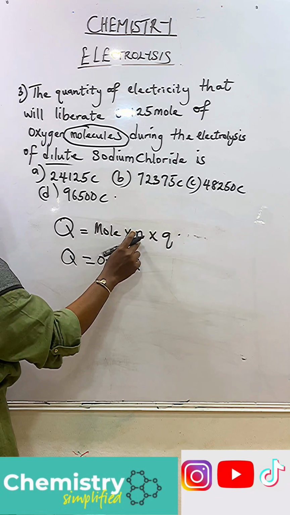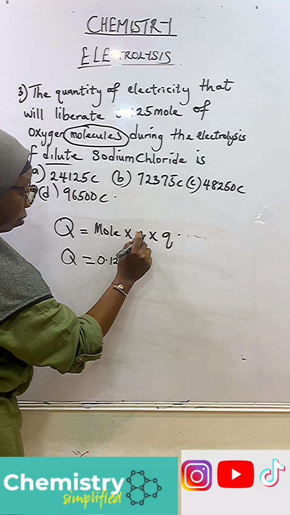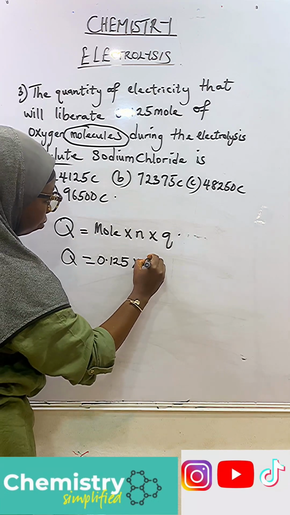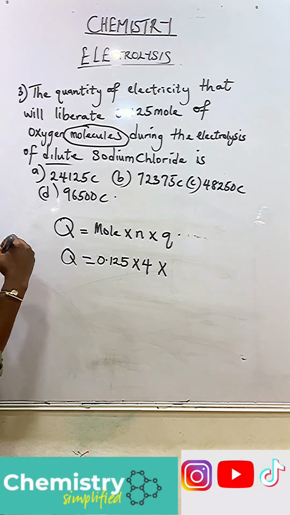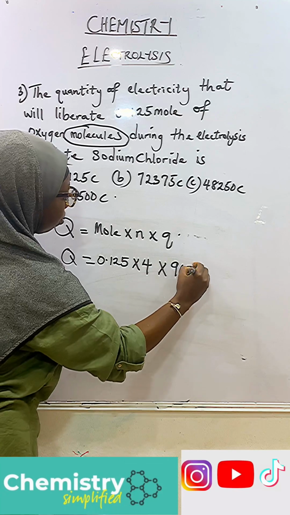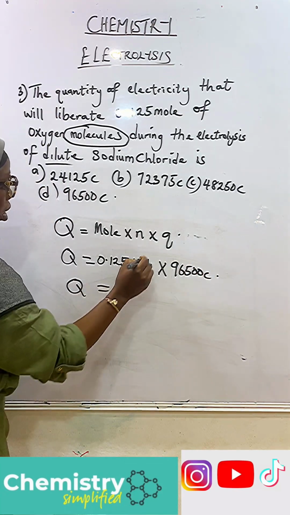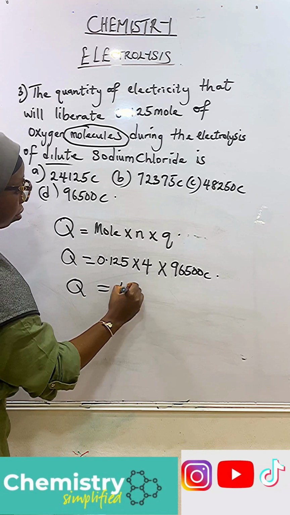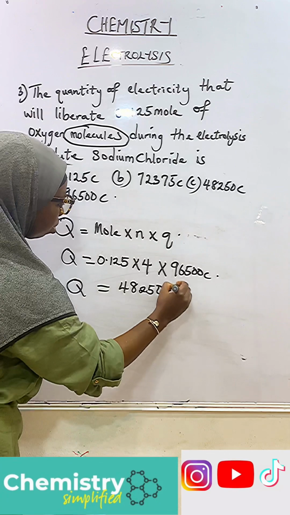Remember, 4 Faraday will be needed to liberate oxygen molecules, so my number of charges is 4 multiplied by my Faraday constant, which is 96500 coulombs. At the end of the day, when you press your calculator, what you're going to get is 48250 coulombs.